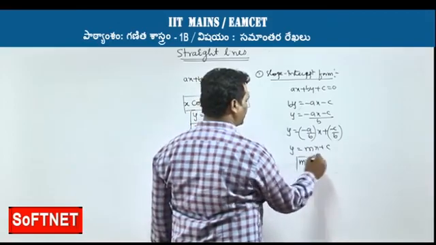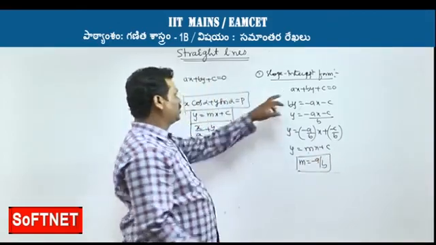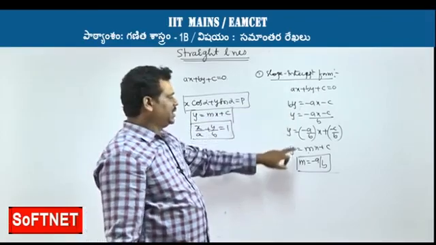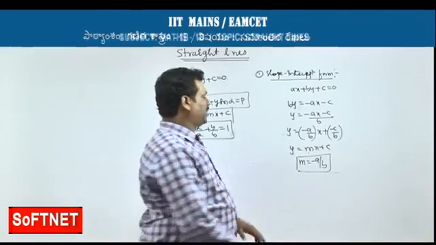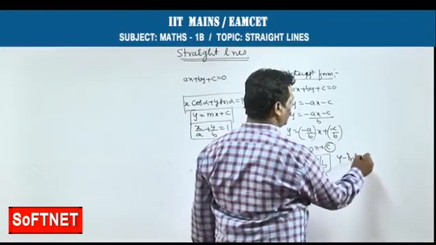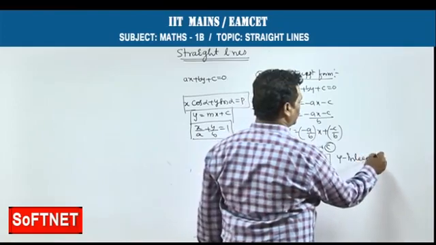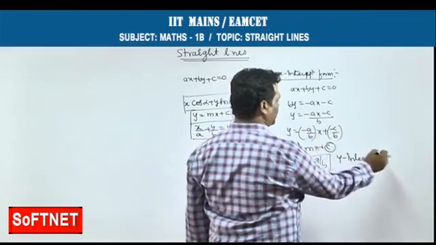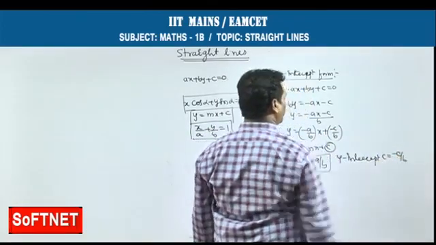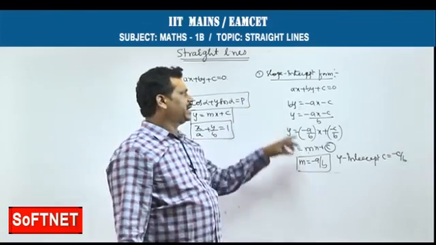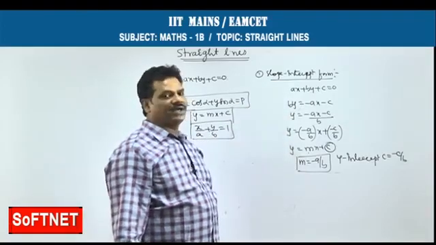This is the slope of the straight line ax plus by plus c equal to 0, m is equal to minus a by b, and the y-intercept c is equal to minus c by b. This is the general equation of a straight line converted into slope-intercept form.